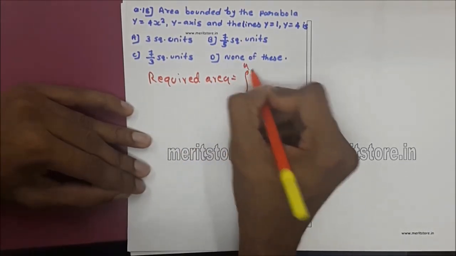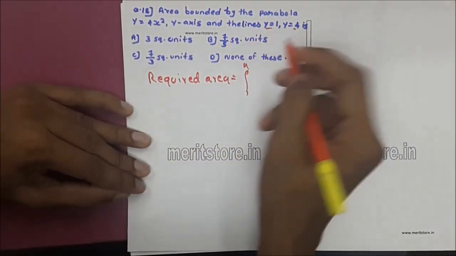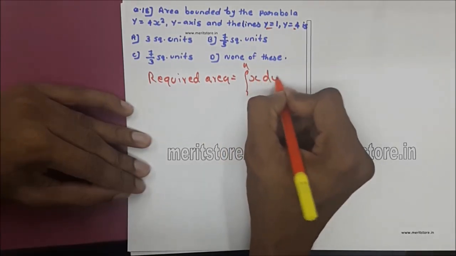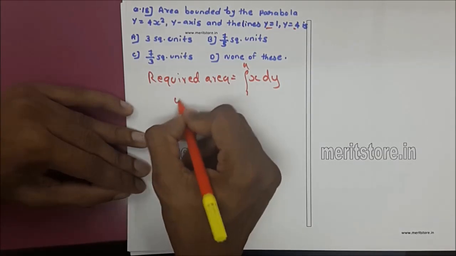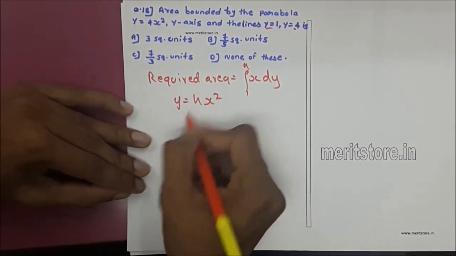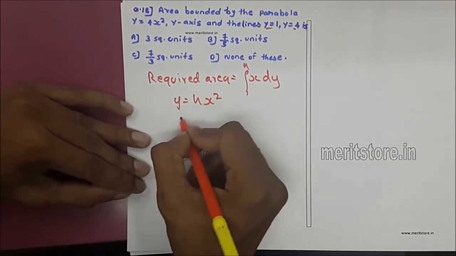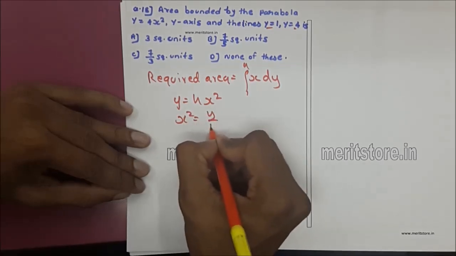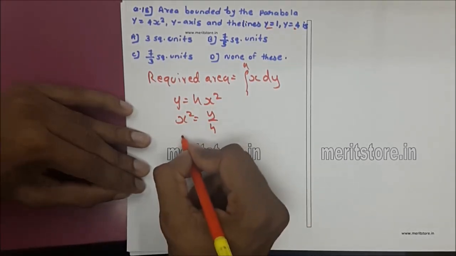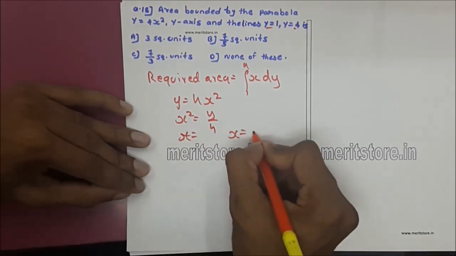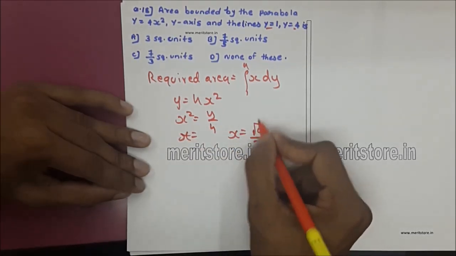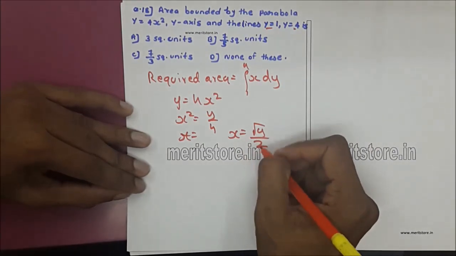We have required area, that is the limits of 1 to 4, x with respect to dy. We solve the equation 4x square for x, that is x square is equal to y by 4, taking square root, we get root y upon 2. So the equation for x will be root y by 2.